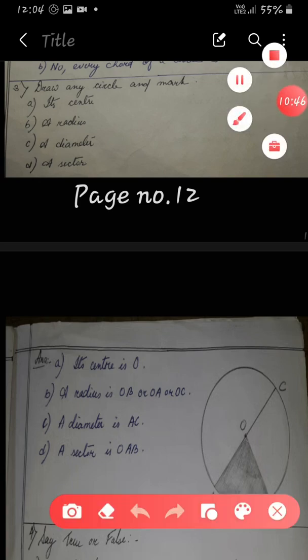Draw any circle and mark its center, a radius, a diameter, a sector. So I have drawn a figure here and marked the center. You can see this O is the center. A radius, which is a radius here? Many are there.